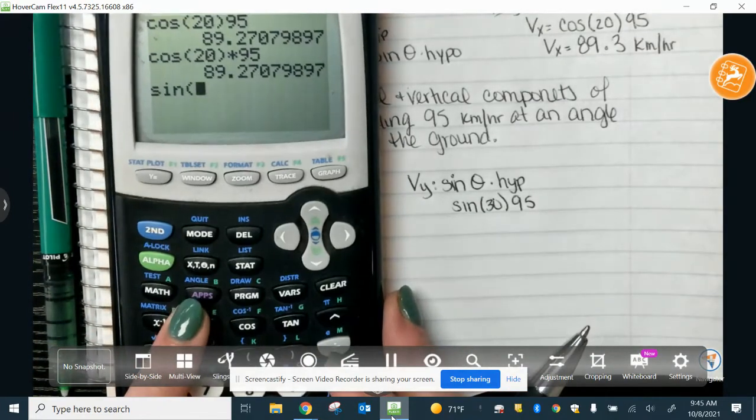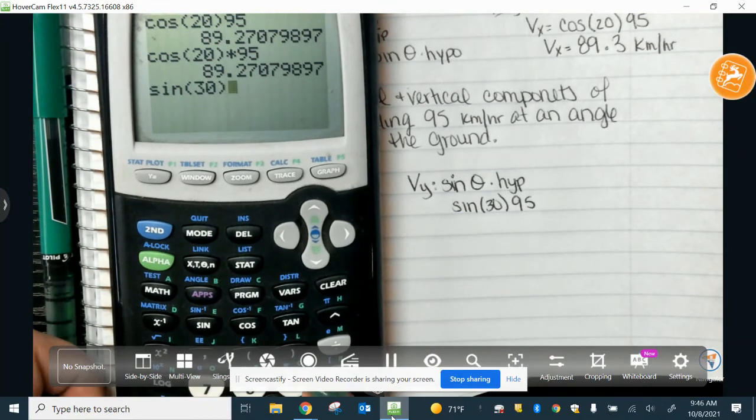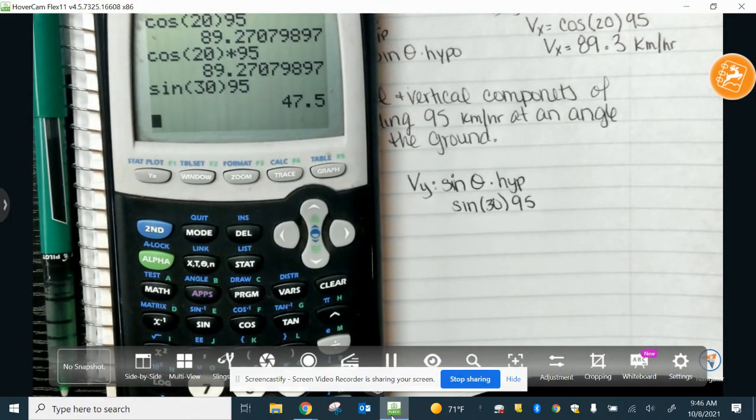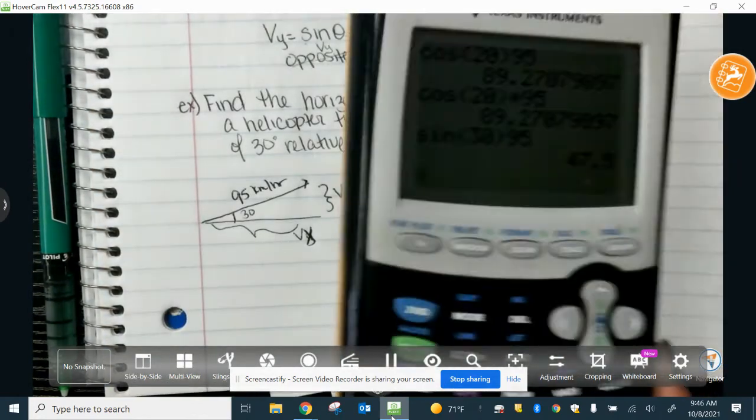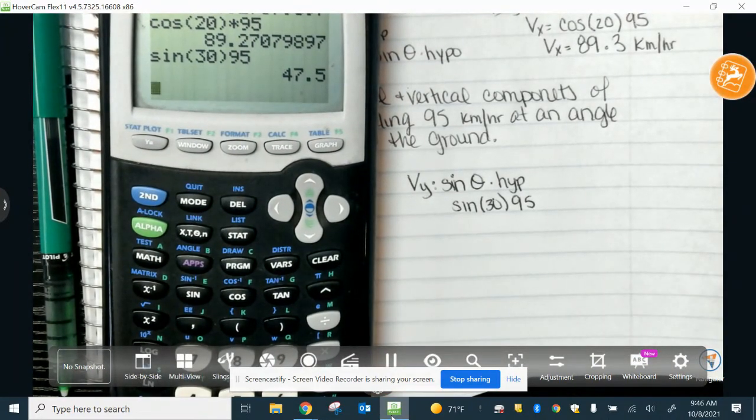Helpful if you could see the top of the calculator. So sine of 30 times 95. Was it 30 or 35? I said 30, okay.